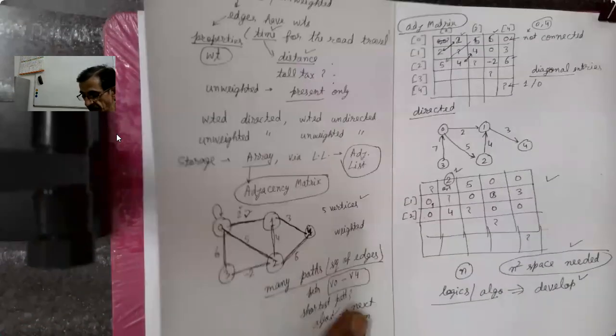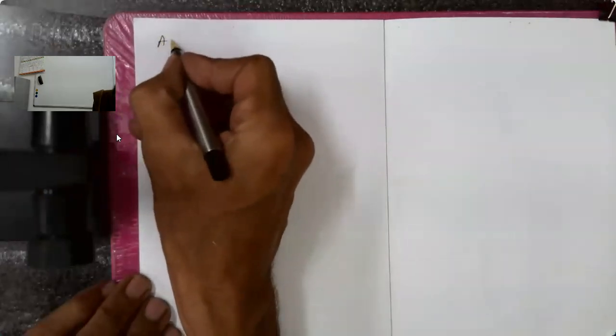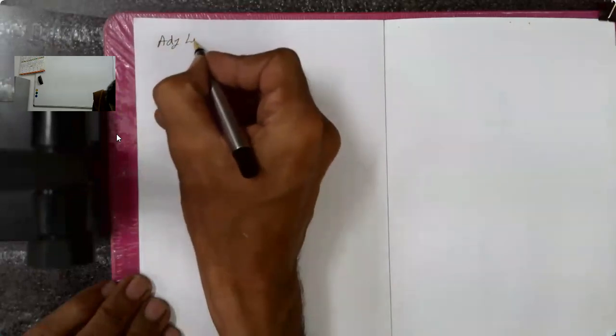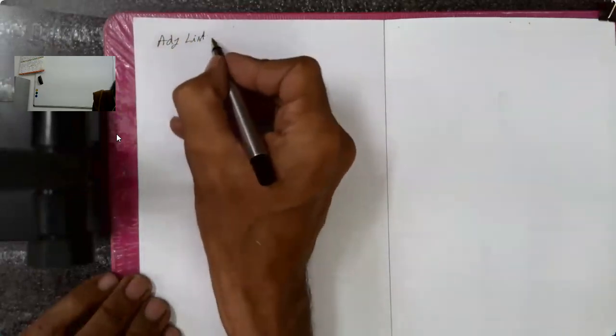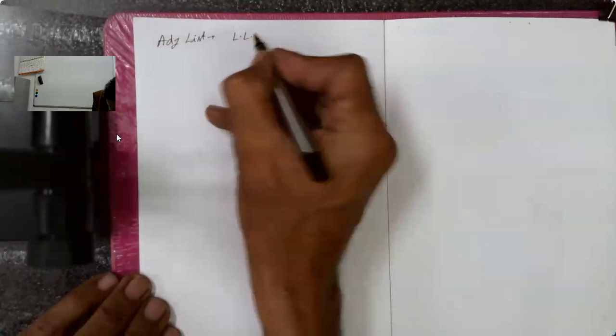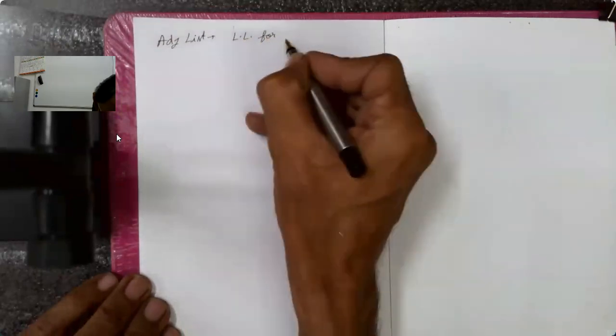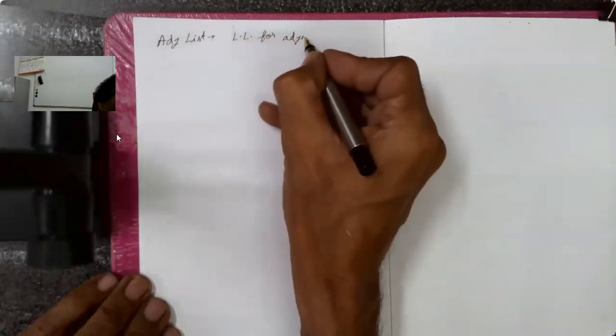This is one storage. The other storage is linked list storage. That will be effectively via adjacency list. So adjacency list representation means that it is linked list based: a linked list for adjacents of every vertex.